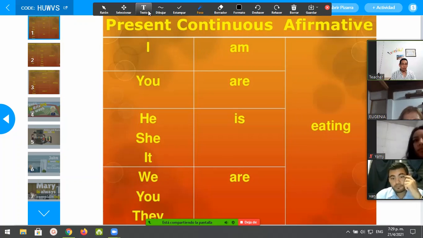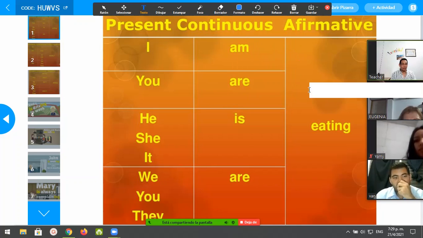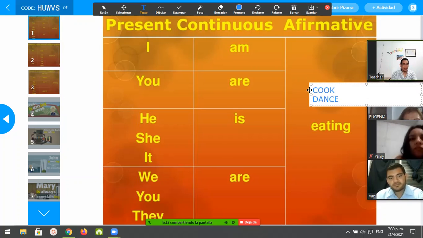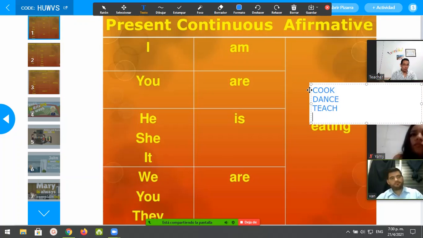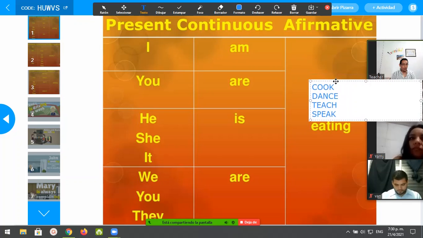Now, we can also write other different verbs. And for example, you can say cook, right? You can say dance. You can say teach. You can say speak. Okay? So you can have different verbs here.